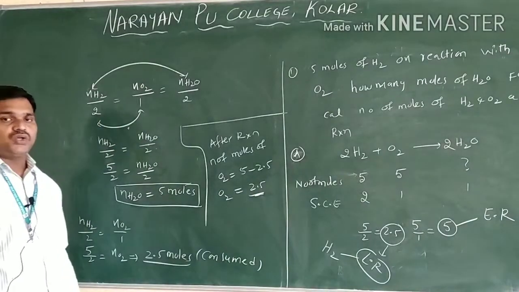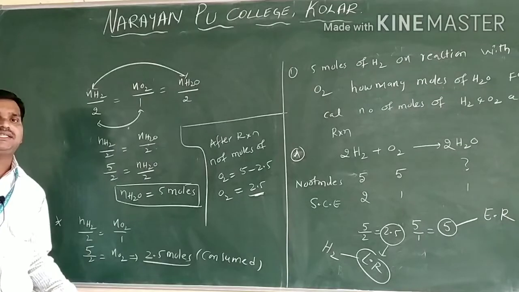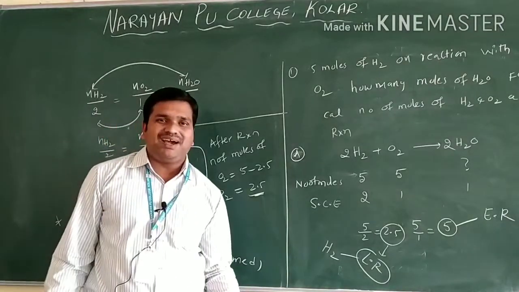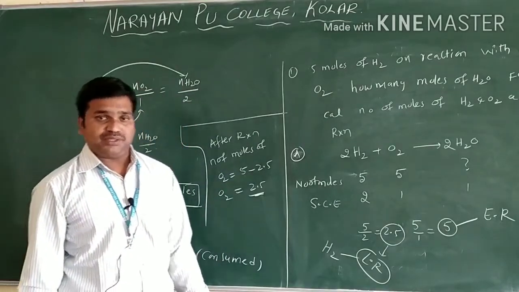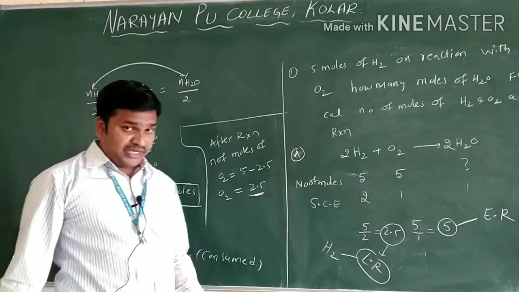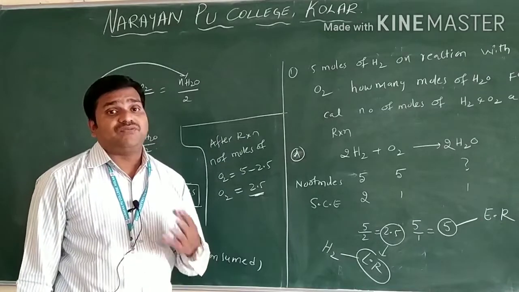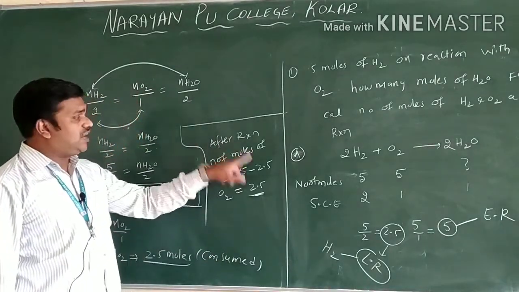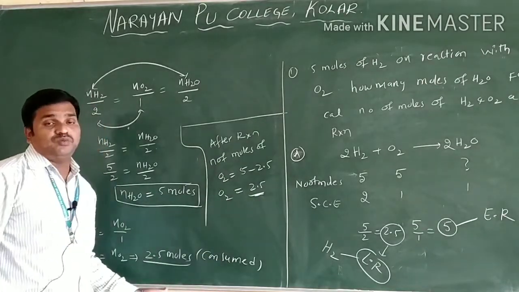If you want the number of moles of H2 after the reaction, it is 0 because it is completely consumed in the reaction. So this is one of the ways you can identify the limiting reagent, number of moles consumed, and number of moles left after reaction. Number of moles of O2 left after reaction is 2.5. Consumed is 2.5 moles only.